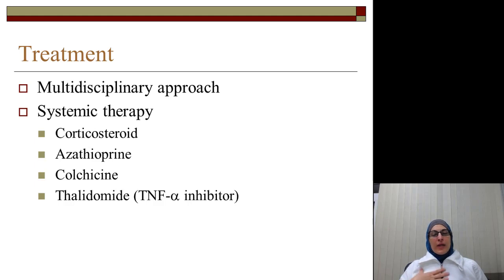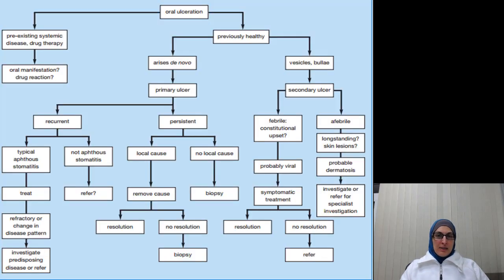And we as oral medicine specialists tend to be part of that multidisciplinary team, because usually the oral ulcers are the first ones to appear and the last ones to disappear. So we tend to manage the patient with local or topical treatment. Instead of increasing the dose of systemic medications, we tend to treat the ulcers locally. So the oral medicine specialist is usually part of the multidisciplinary team treating the patient.